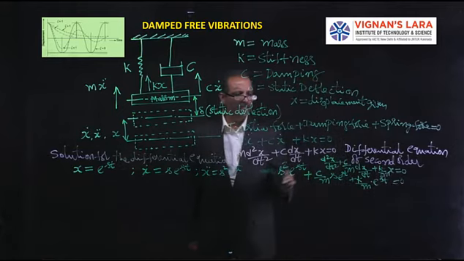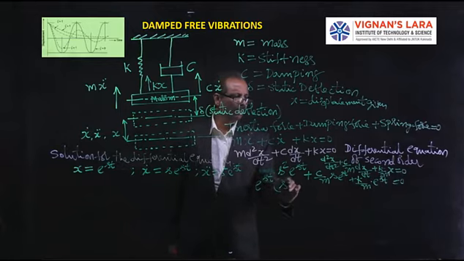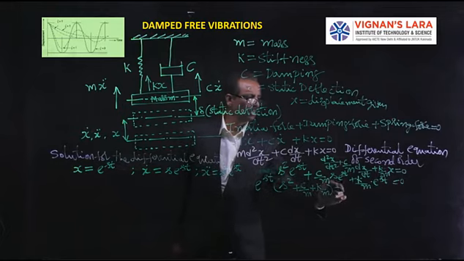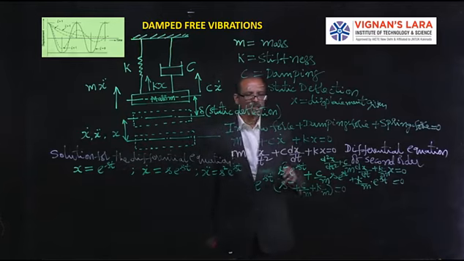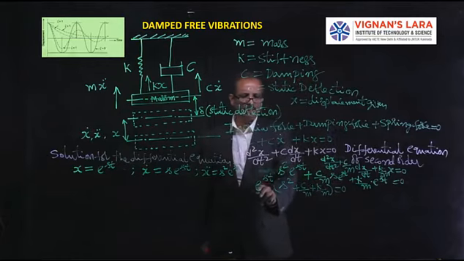So you can take e power st as common: e power st into s square plus c by m s plus k by m is 0. You can see either this is equal to 0 or that is equal to 0.